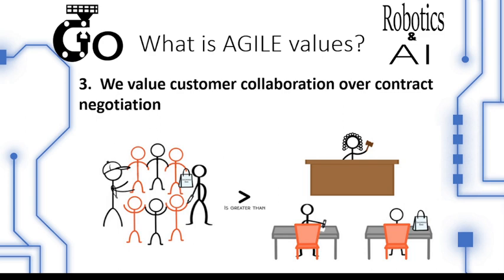But in the agile methodology, the customer and the developer will work together. So they have a contract, but they also collaborate on the project. The developer does their work and tries to deliver the minimum viable product for the customer, and the customer will give feedback about the project and they will try to modify the project based on the customer's feedback.